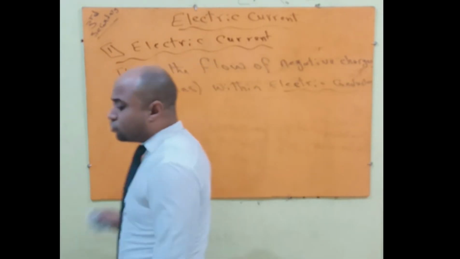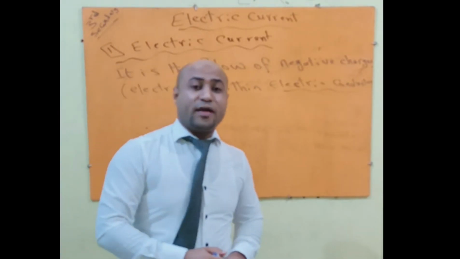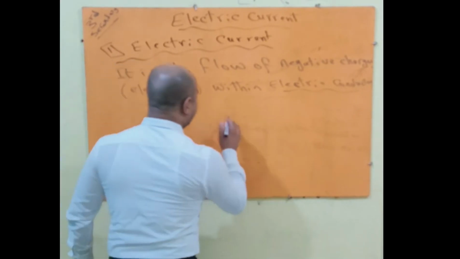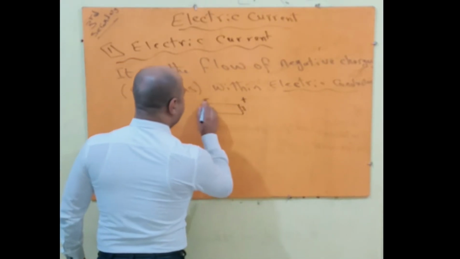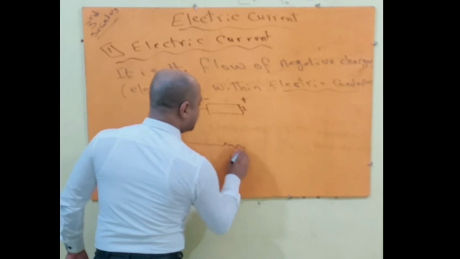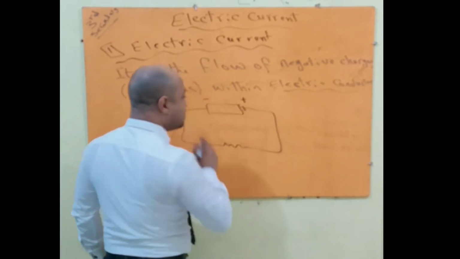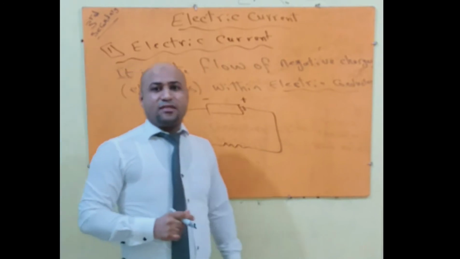There are two types of electric current. If we have a battery, an electric source with a positive pole and a negative pole, and a resistance like a lamp, for example, we have two types of electric current.